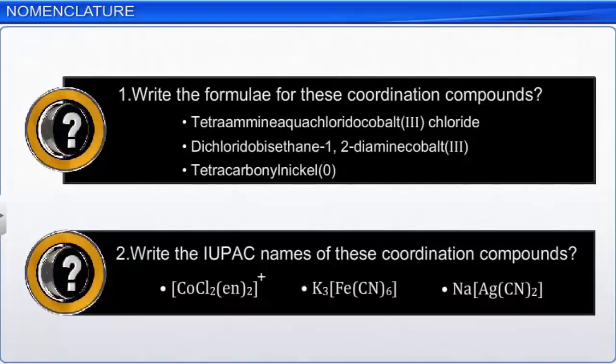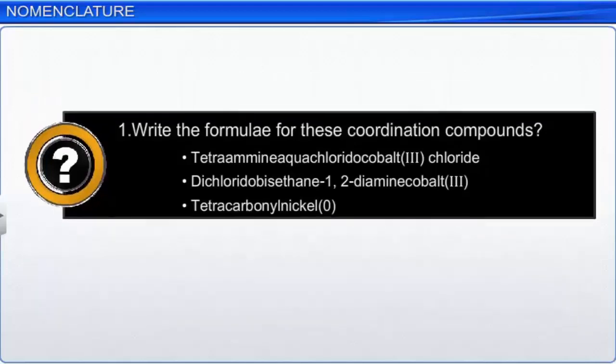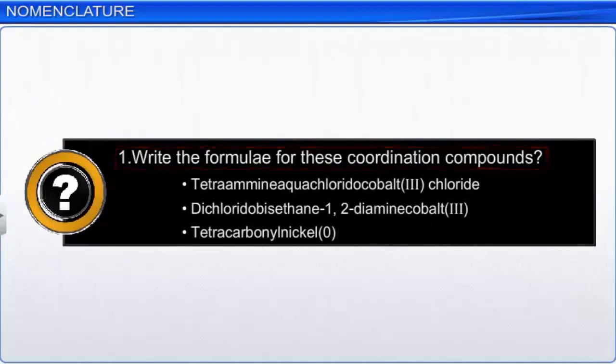Now is the time for practice. Apply IUPAC rules for writing the formulae in the first question and for writing the IUPAC names for the given complexes in the second question. Question 1. Write the formulae for these coordination compounds.